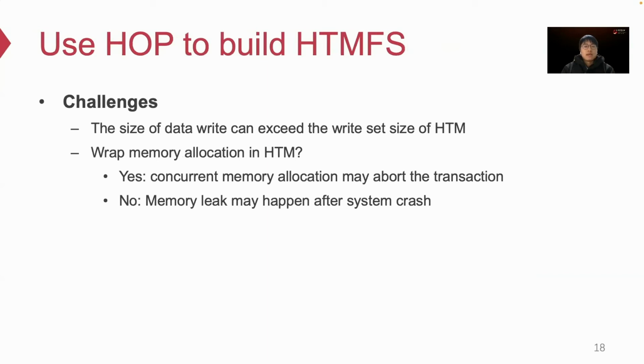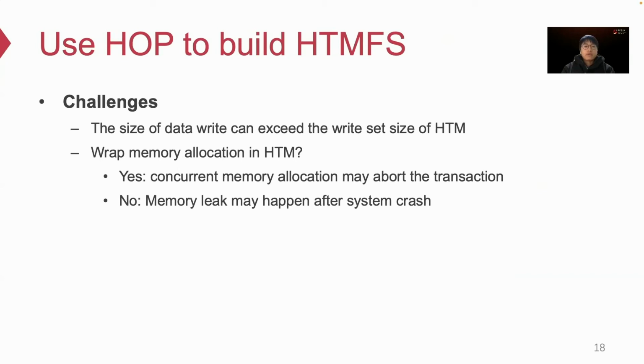However, there are still some problems when using HOP in the file system that require us to make some modifications to the file system. The first is that the size of the data copy can exceed the size of the write set of HTM. And should we wrap the memory allocation in the HTM? If we put it into the transaction, then concurrent memory allocation may abort the transaction.